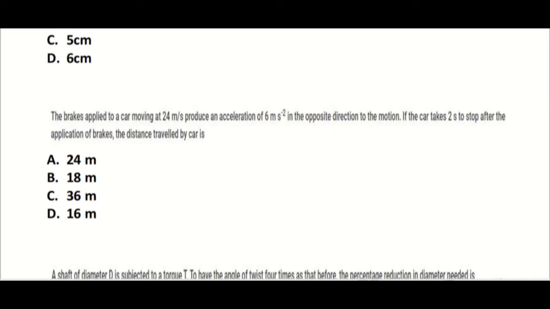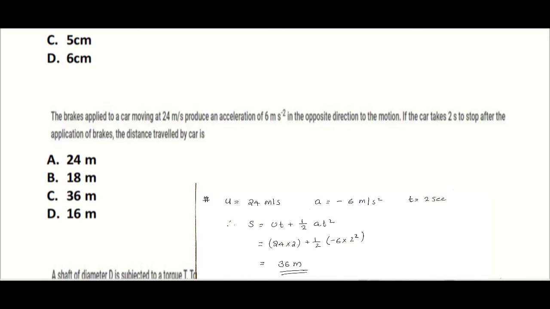Next, the brakes applied to a car moving at 24 meter per second produce an acceleration of 6 meter per second square in the opposite direction to the motion. If the car takes 2 seconds to stop after the application of the brake, the distance traveled by the car is? In this question, the equation of motion is s equal to ut plus half at square.